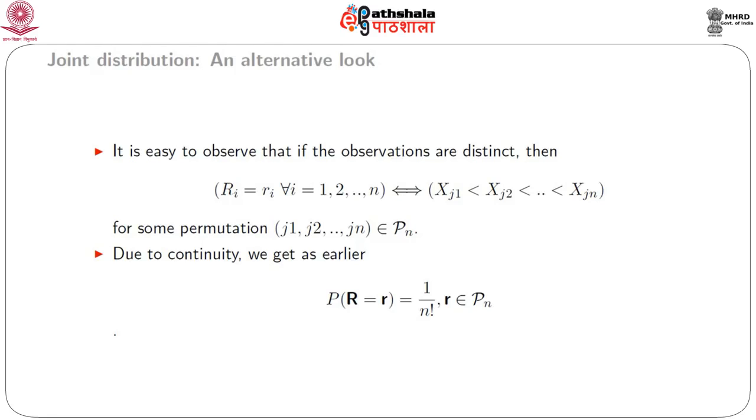Then the joint probability of Ri equal to small ri is nothing but the probability of the configuration X(j1) less than X(j2) less than up to X(jn) for some permutation j1, j2, ..., jn belonging to Pn. Now, due to continuity, we get as earlier the probability of capital R equal to small r as 1 by n factorial for every possible value of R belonging to Pn.